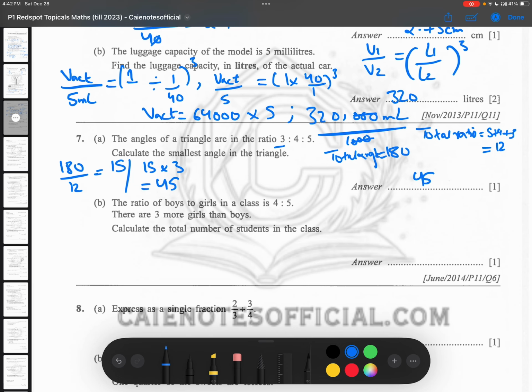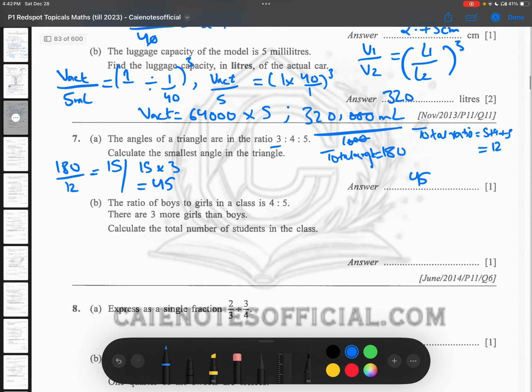So let that quantity for one part be x. So I will multiply this 4 with x. Now this 4x is the total number of boys, and when I multiply 5 with x, this is the total number of girls. I have written that in ratio form, 4x:5x.